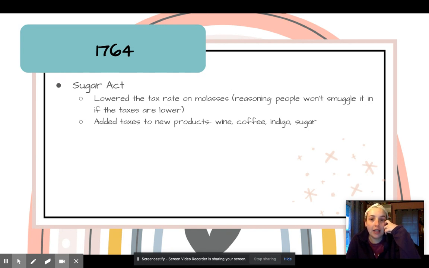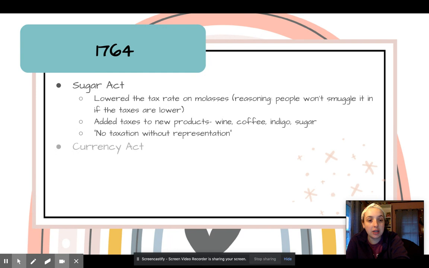They figured that if it's lower, people won't smuggle it. But they also added taxes to new products that they hadn't taxed before: wine, coffee, indigo, which is a dye, and sugar. This is where the phrase "no taxation without representation" comes from. So they lowered the tax on one thing, but added taxes to a bunch of other things.